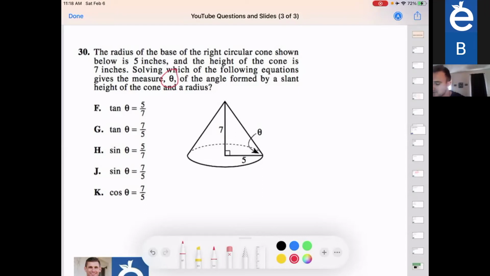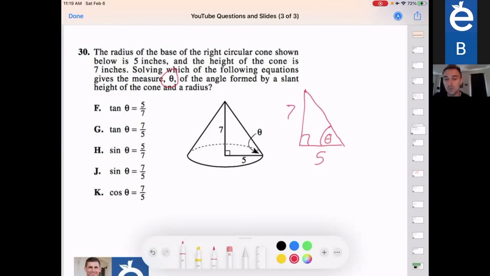Anyway, solving which of the following equations gives the measure theta of the angle formed by a slant height of the cone and the radius. So we're looking for the theta here. Let me just kind of extract this right triangle that we're working with. This is our theta. This is our angle of interest, 7 and 5.